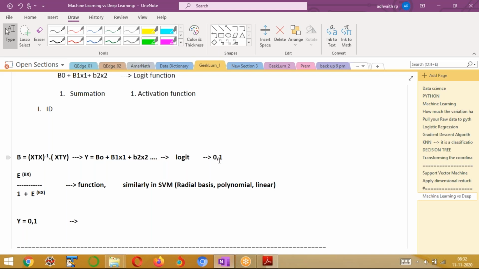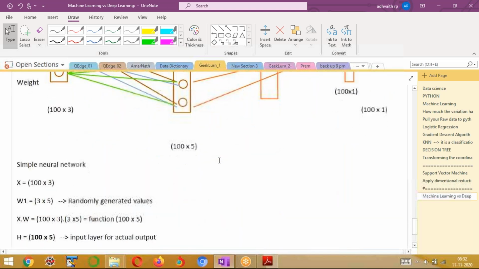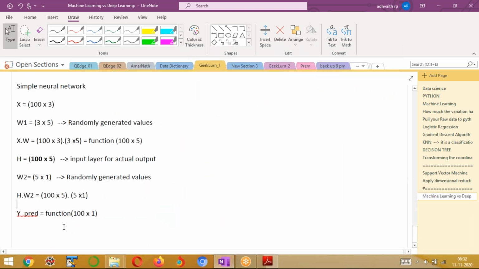That makes your error reduce, or not? That is a mathematical advantage that we are taking through the logit function. Agree? Similarly, we are doing the same process, applying a function on it to get that mathematical advantage.